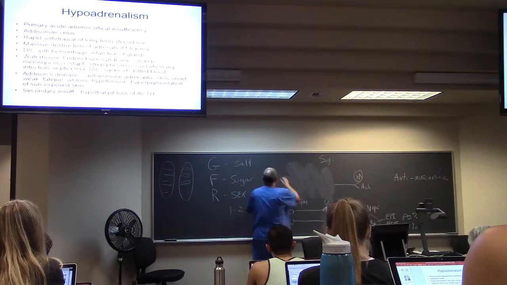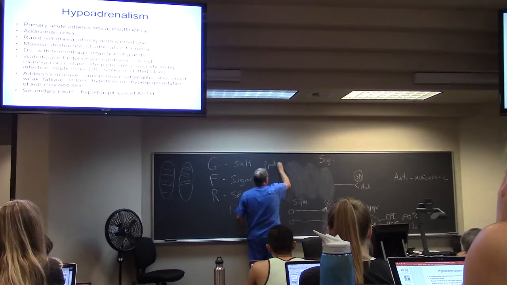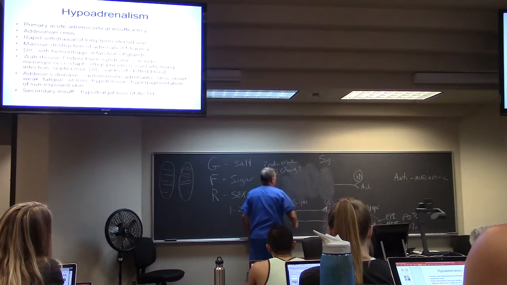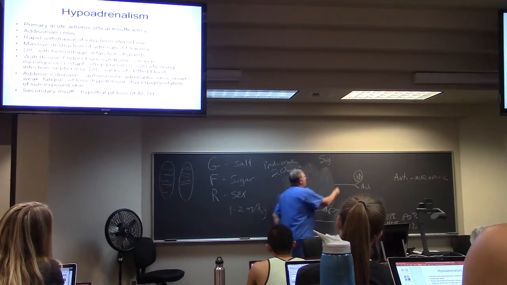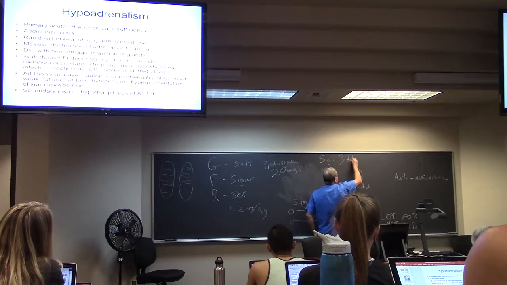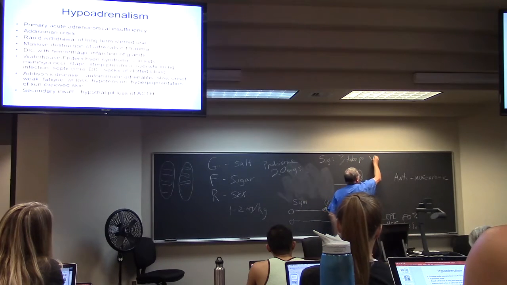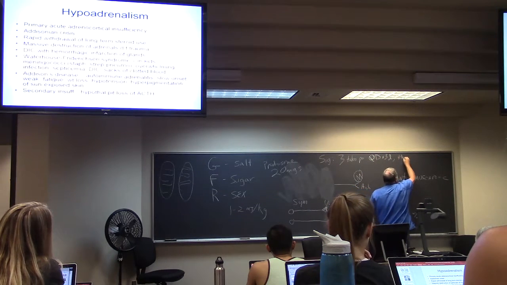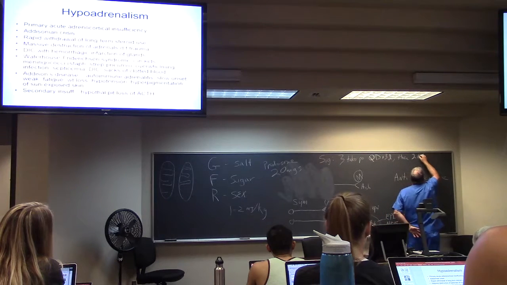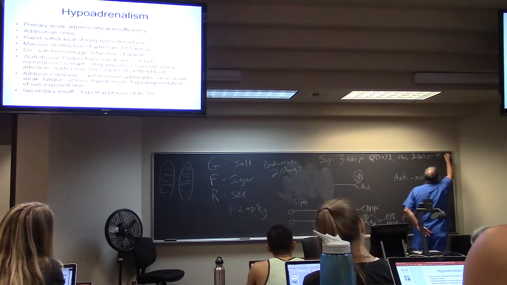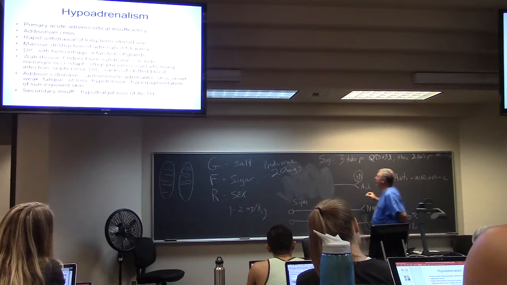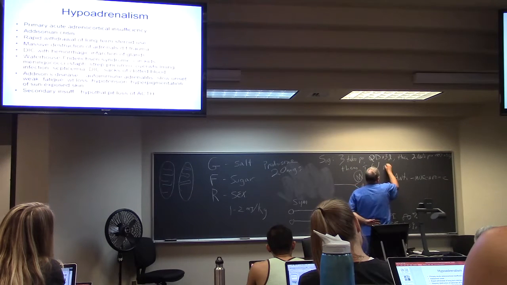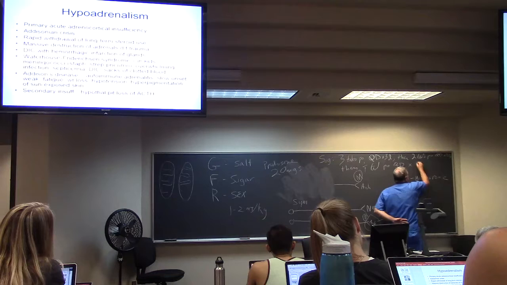I'm going to write for prednisone 20 milligram tabs, okay? 3 tabs PO QD times 3 days, then 2 tabs PO QD times 3 days, then 1 tab PO QD times 3 days.